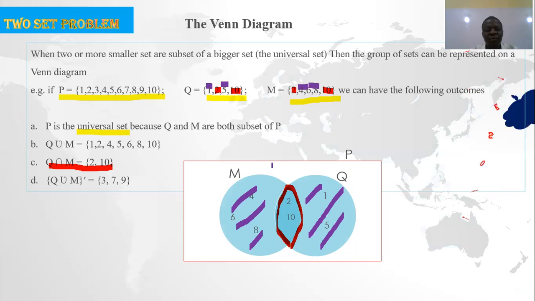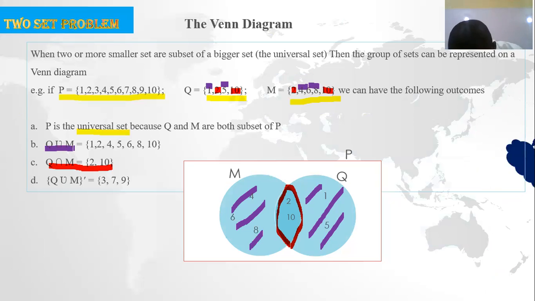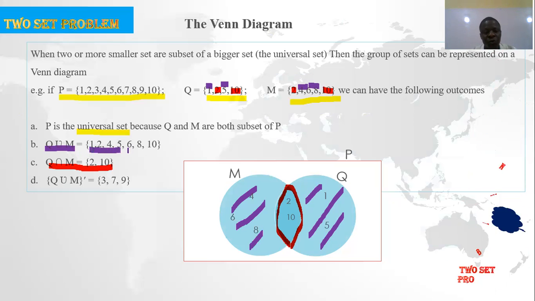Now, when we put M and Q together, we call it union. And this is made up of all the members that appear in both Q and M. So this will give us 1, 2, 4, 5, 6, 8, and 10.